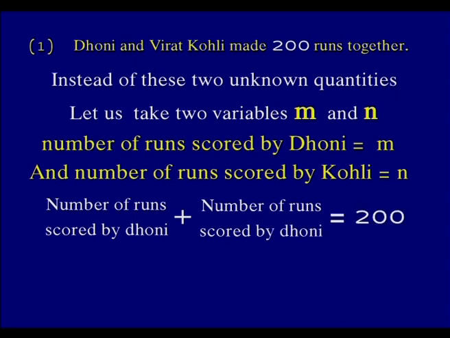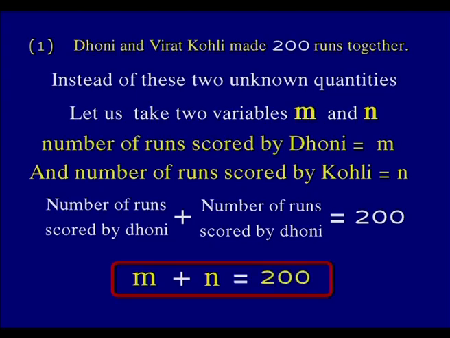By this, if you substitute the variables, it becomes m plus n is equal to 200. Observe this equation. In this, there are two variables and it is a linear equation. That is why it is called a linear equation in two variables. Like this, we have to convert the daily life situational problems into linear equations in two variables.